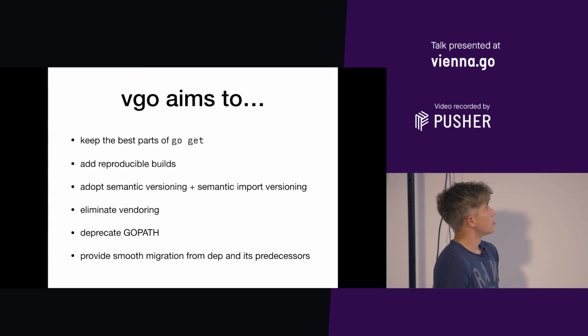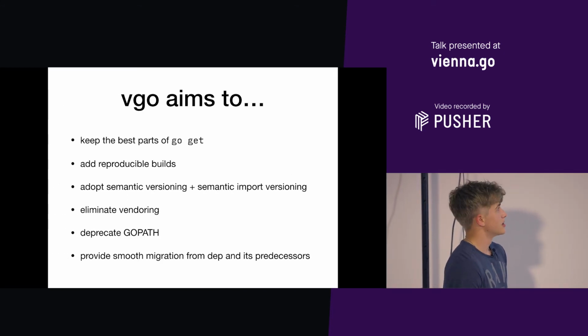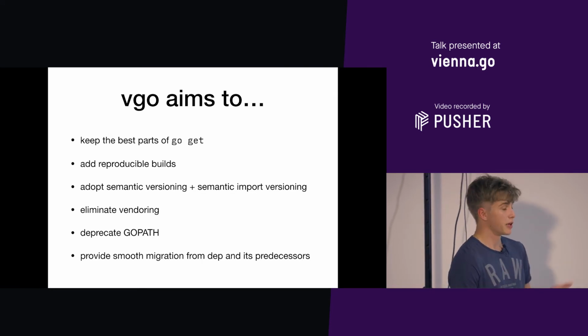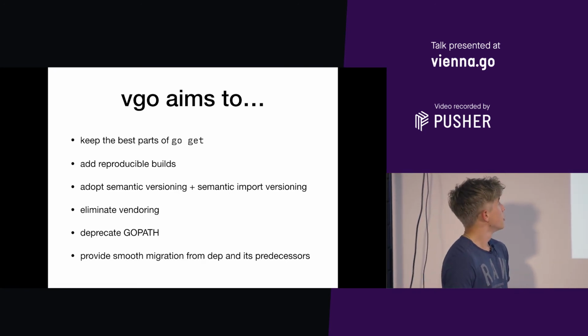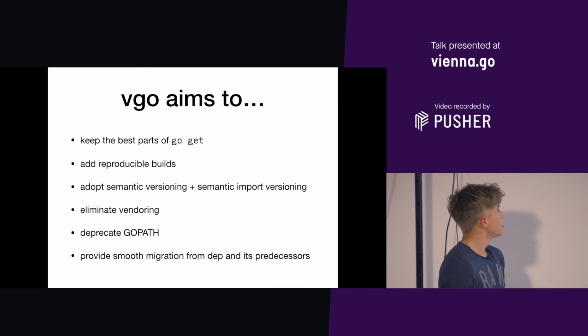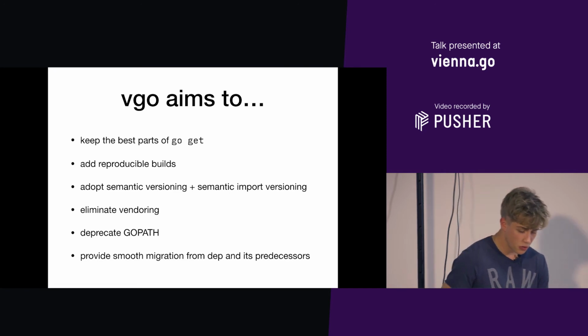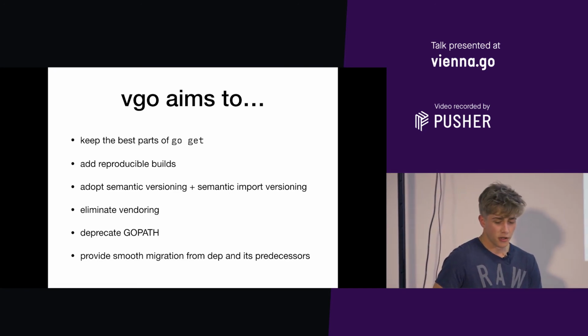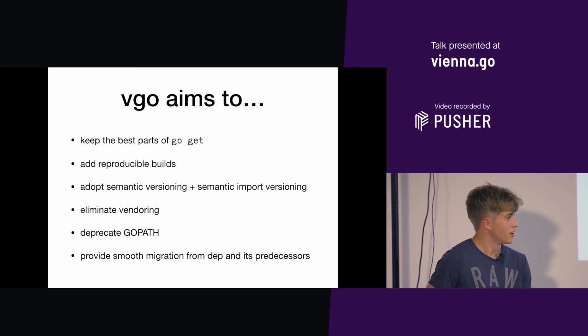So Vgo, as it is right now, because it's really subject to change in the future, wants to keep the best parts of GoGet that it has right now, and wants to add reproducible builds. It wants to adopt semantic versioning, so we really can define versions that make sense, kind of. It wants to eliminate vendoring, so they don't want to have any vendor directories anymore. They want to deprecate GoPath.